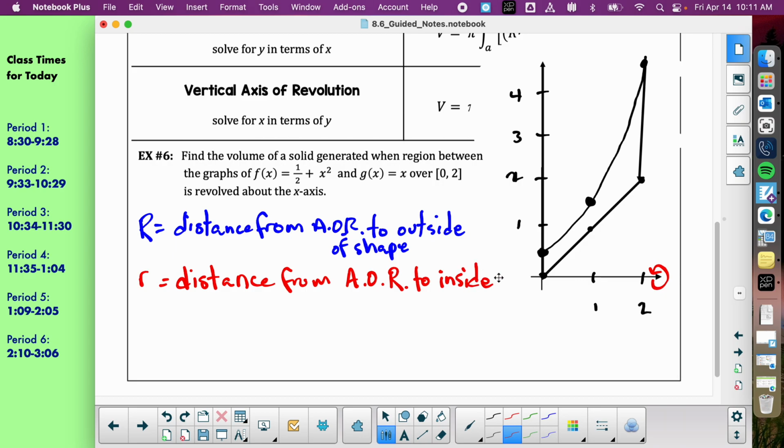The key part is that you draw from the axis of revolution. So little r, I'm going to draw from the axis of revolution to the object. And when I hit it, I stop. That's going to be little r.